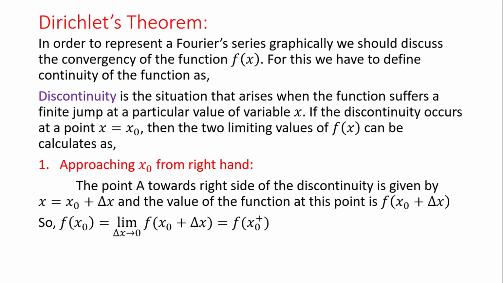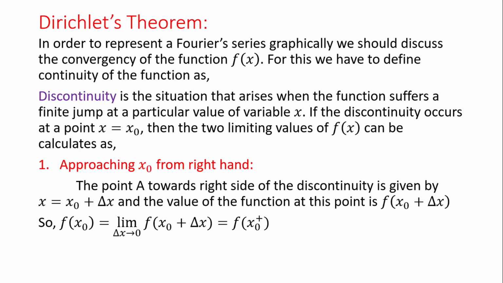In that case, we can express fx0, that means value of function f at x0, in terms of variable x0 plus delta x by using a function limit, such that fx0 equal to limit delta x tend to 0 of fx0 plus delta x, and let us call this as equal to fx0 plus, since it is from the right hand side, so from the greater side of variable x0.